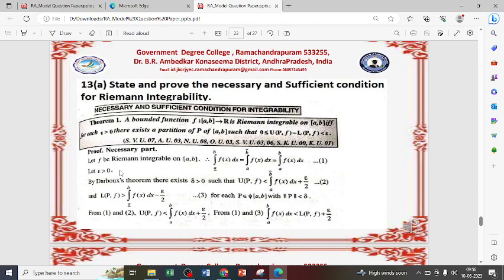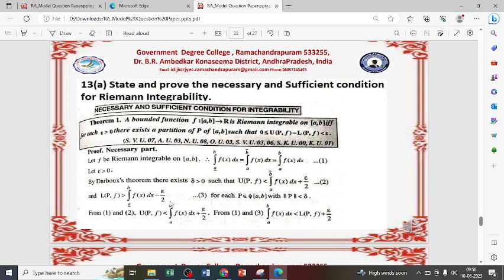Now what is going to happen? By Darboux theorem, definitely there exists delta greater than 0 such that U(P,f) will be less than upper integral plus epsilon by 2. Call this inequality 2. And the lower Darboux sum L(P,f) will be greater than lower integral minus epsilon by 2.